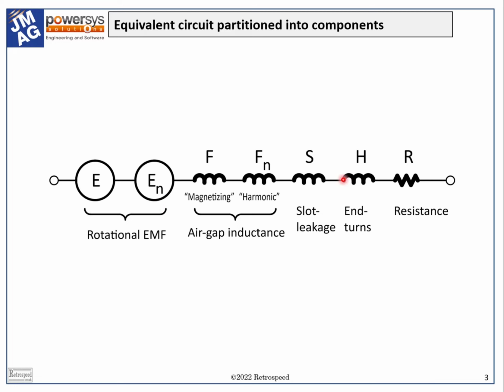And we also see the resistance and several components of the inductance, all of which may include self-inductance terms and mutual inductance terms between phases. And the key idea here is the partition of the equivalent circuit into separate components.